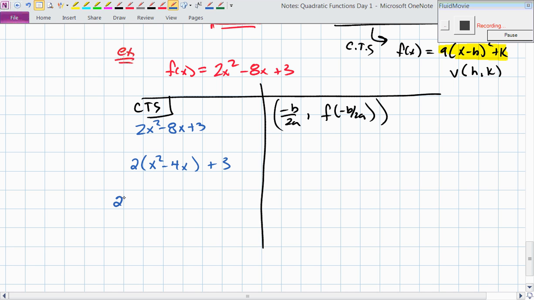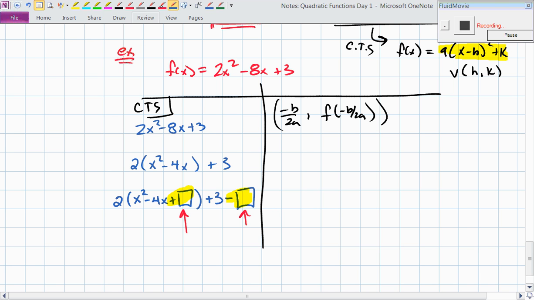I'm going to get 2 times x squared minus 4x plus that magic number, plus 3. In order to keep my equation balanced, since I'm working on the same side, if I'm going to add a number there, then I need to subtract that same amount over here. So I'm going to add and subtract the same amount to keep my equation balanced.